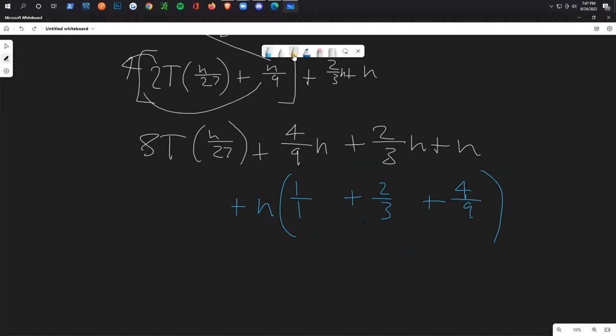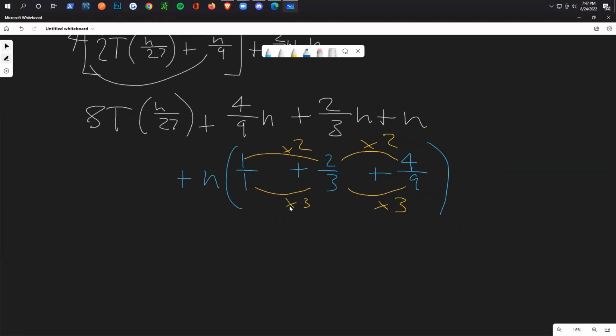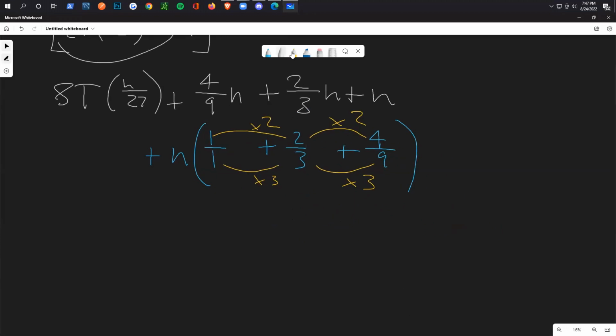So now let's see how everything is changing. We go from 1 to 2, that's times 2, then 1 to 3 times 3, then 2 to 4 times 2, 3 to 9 times 3. Okay, so we can see that on every iteration, we're changing by 2 over 3.